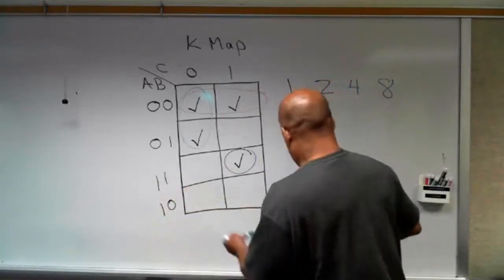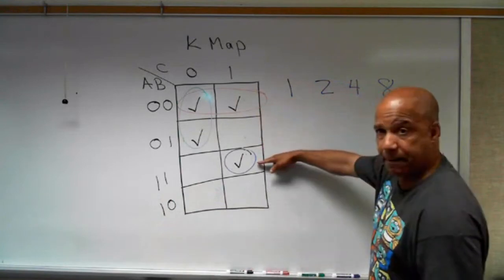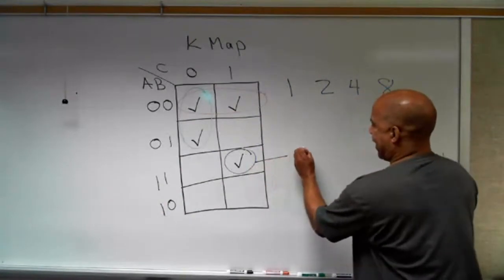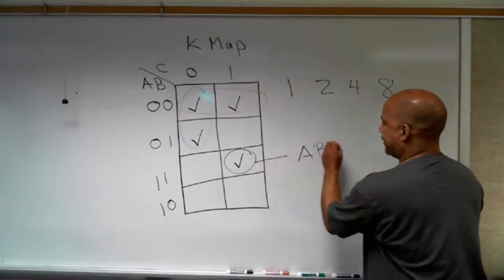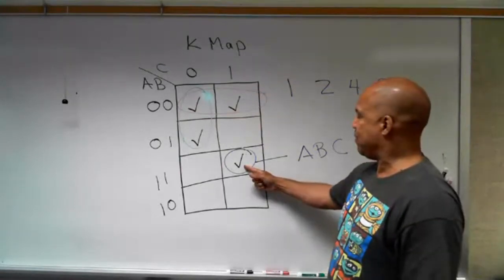Now, why do I want to do this? Well, right here you write A, B, C, and this is a group of 1.